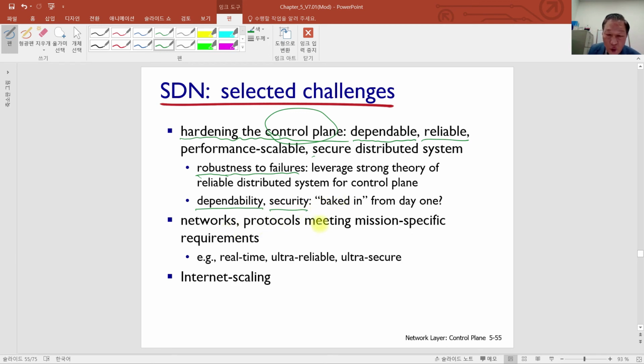And that talks about protocols meeting mission-specific requirements. We should think about that also. That is for real-time applications, ultra reliable and ultra secure applications. We should support them. And also we should think about Internet scaling to use in our infrastructure.